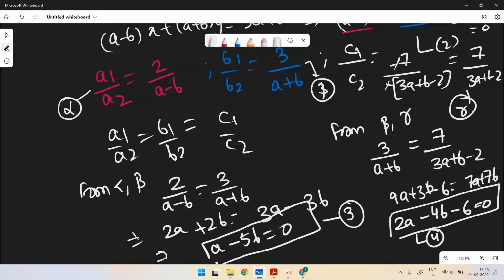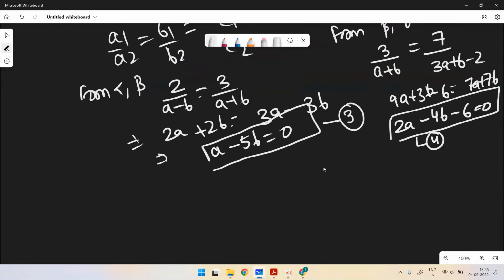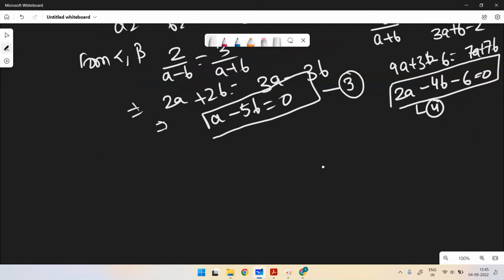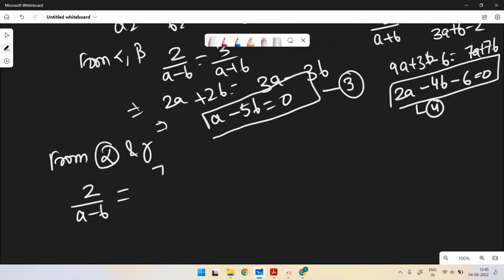Now one more is left, that is alpha and gamma. So from alpha and gamma, what is alpha? Alpha is 2 by a minus b, equal to 7 by 3a plus b minus 2.